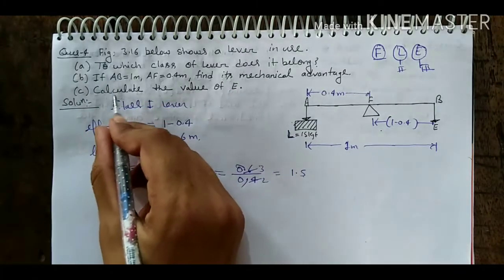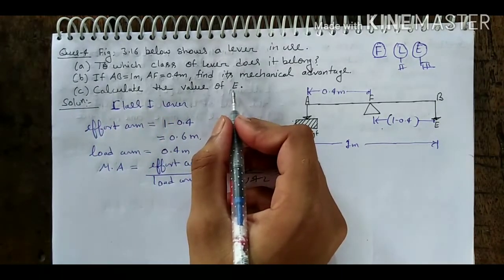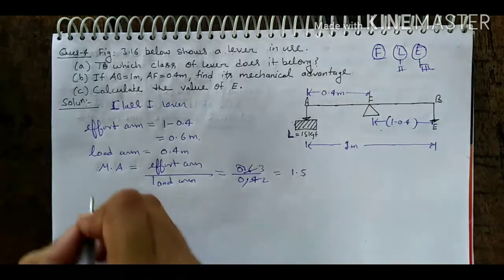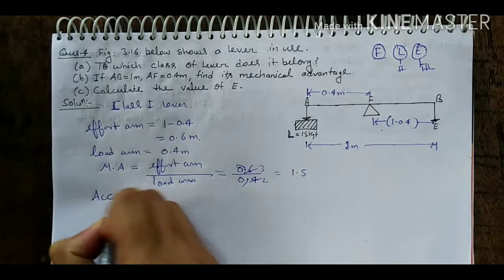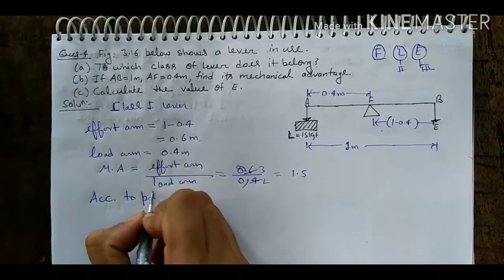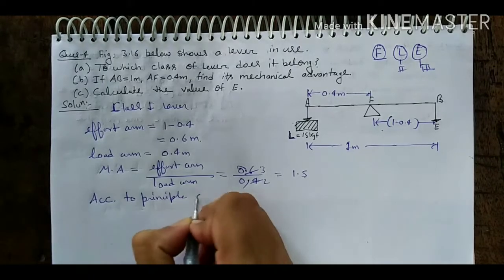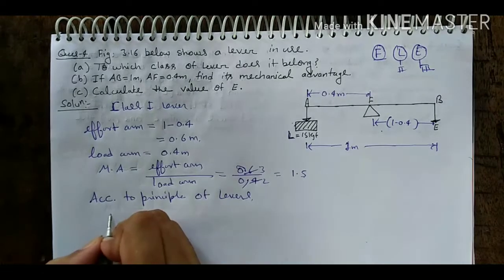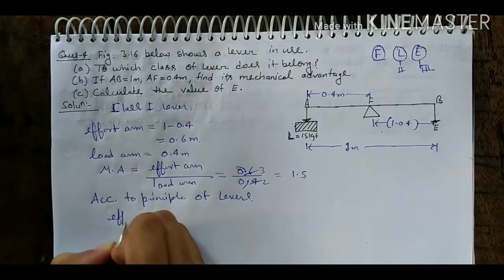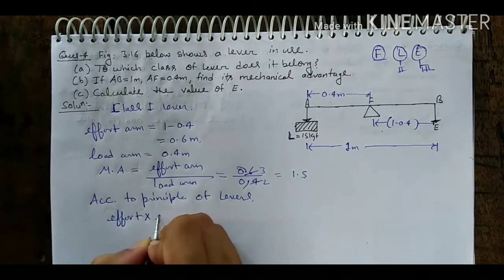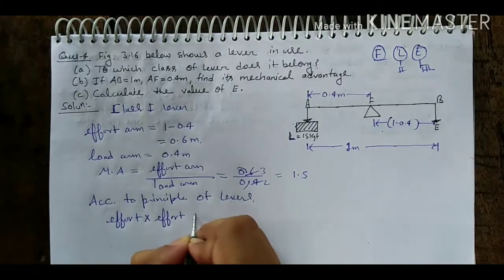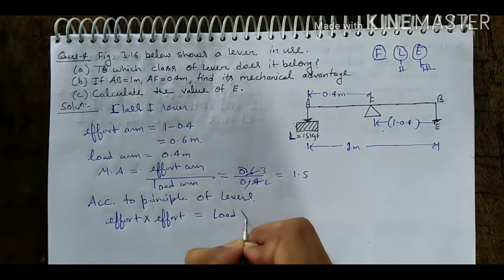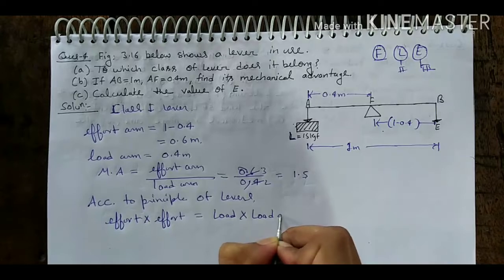And next question, calculate the value of E. What will be the effort? We know that according to the principle of levers, effort into effort arm will equal to load into load arm.